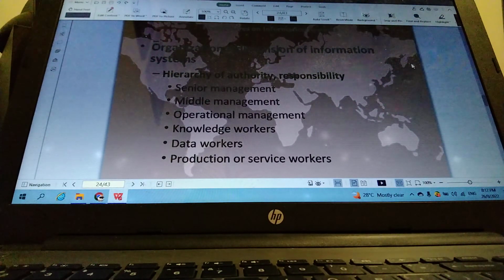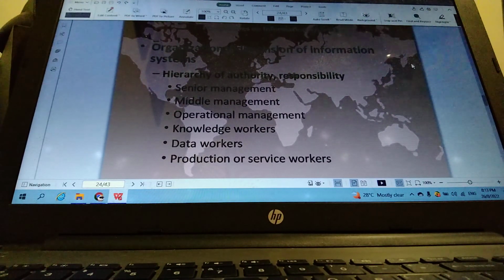Next, let's look at who the people are. Who are the people within this environment, working with this IT system or involved directly or indirectly with the IT system? They have represented this in a hierarchical format in terms of authority and responsibility. Of course, it starts with senior management, our bosses, and then it goes down to middle management, operational management, knowledge workers, data workers, production or service workers. So we have users in every level.